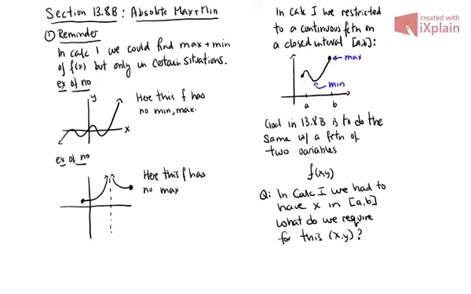So let me clear the screen and start on the requirements for Calc 3. Let's call this what guarantees a max and min, because we're looking for both, for f of x, y. The answer is this, and this is where we'll focus.